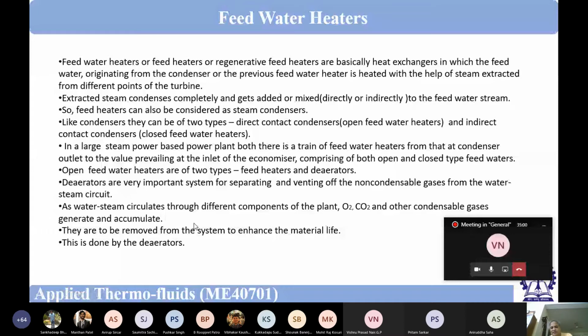Let's say carbon dioxide is generated. It gets dissolved in the water and produces carbonic acid, which is not good for the metallic parts. So there should be some arrangement to purge off these non-condensable gases, and that is done by the deaerator.